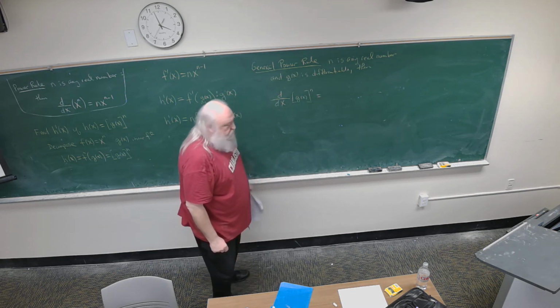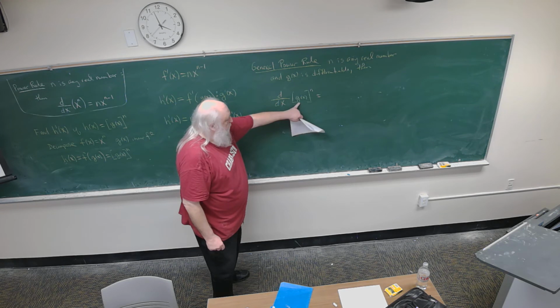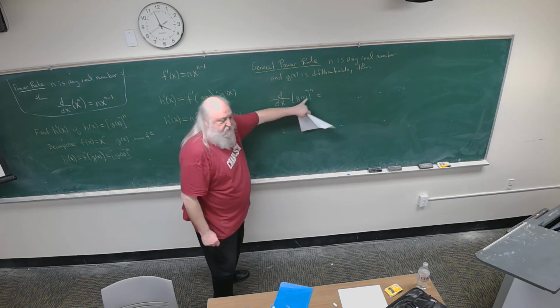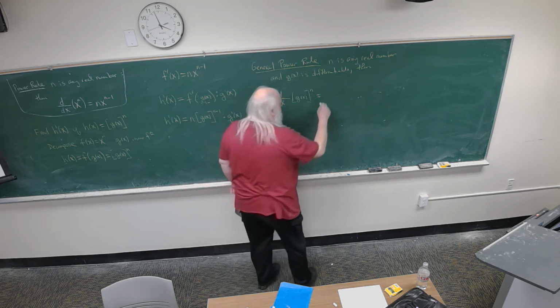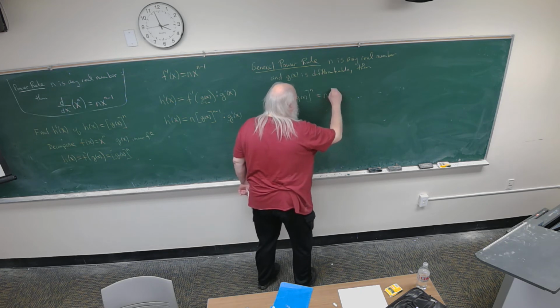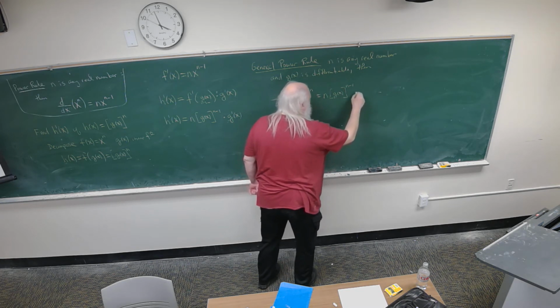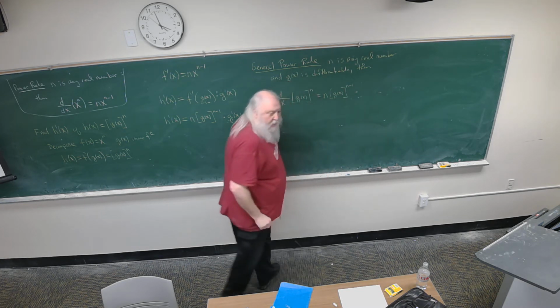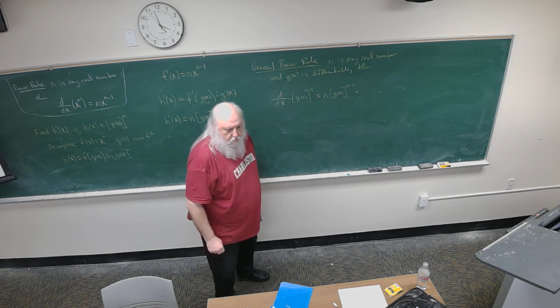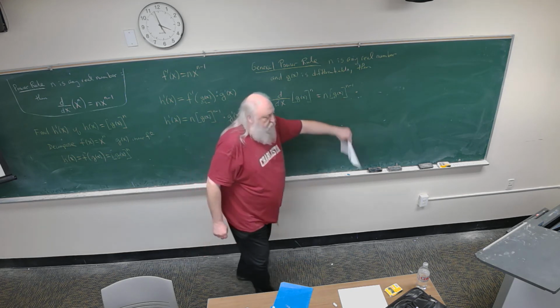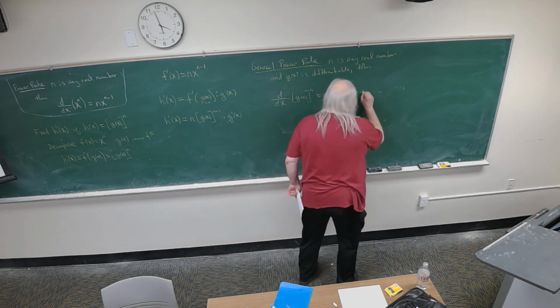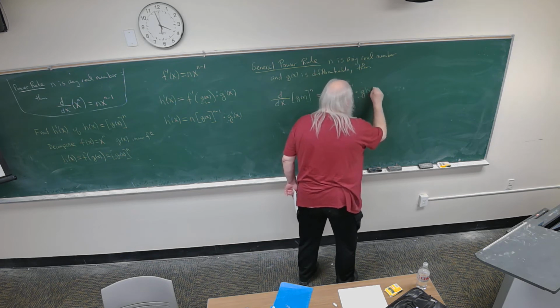is equal to, you know how you differentiate x to the n, you bring the n down in front of the x, but this time we're bringing it down in front of the g of x. We subtract 1 from the exponent, just like with the power rule, but then we have to finish it off by multiplying by g prime of x, the derivative of the inner function.